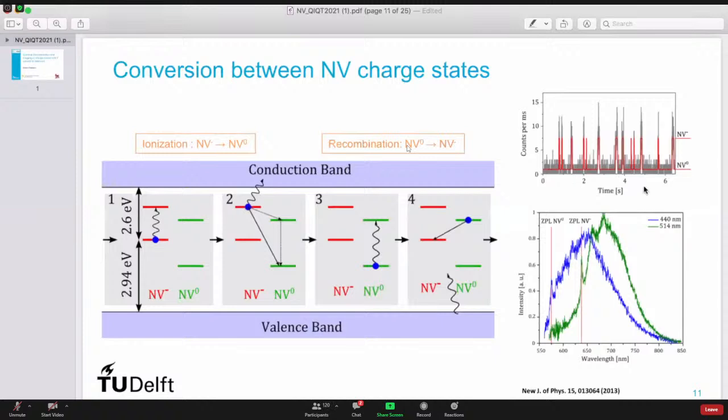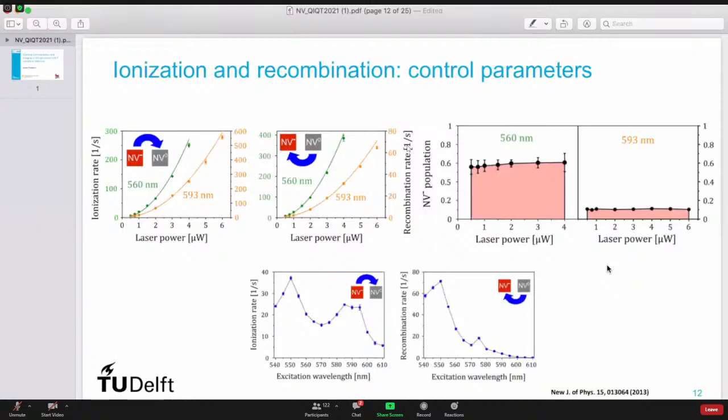All this data is from a single NV center. It is also possible to capture the spectrum of the NV0 and NV minus. Now NV0 has a different excitation range. With blue, one can capture the NV0 signal with higher intensity than in green. They have also shown this in more detail in these papers.